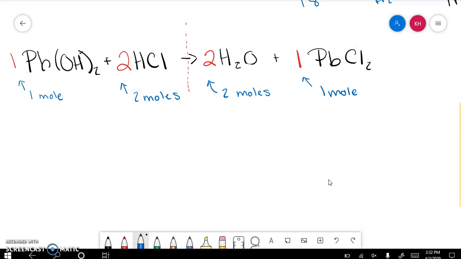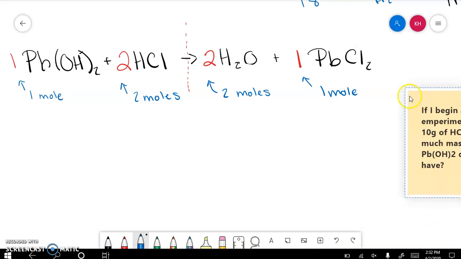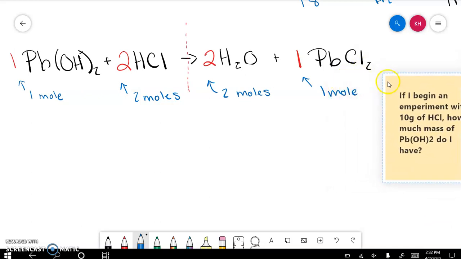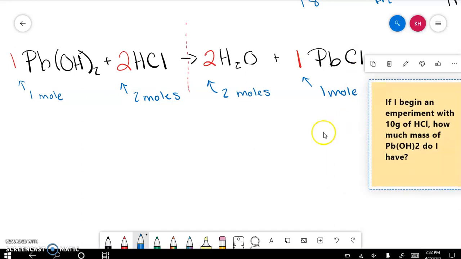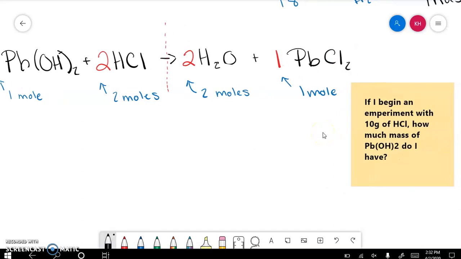And so now I'm going to bring back in this sticky note I hid a second ago. And it's got a problem on it for us. It says, if I begin an experiment with 10 grams of HCl, how much mass of PbOH2 do I have?